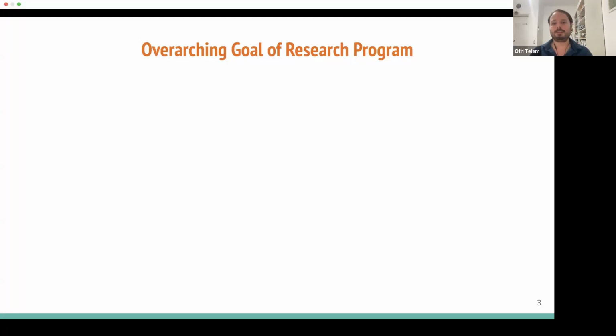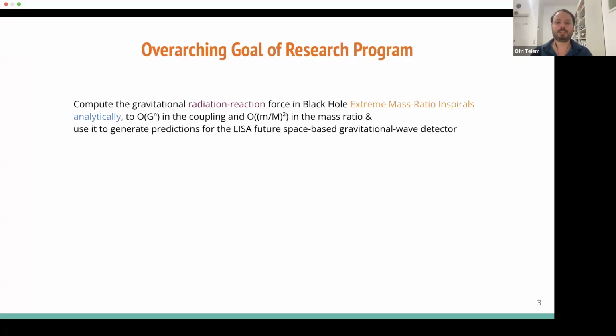The overarching goal of my research program for the past few years was to see if we can compute the gravitational radiation reaction force on the little black hole diving into the supermassive black hole, analytically to some desired order in G Newton, the coupling, and eventually to second order in the mass ratio as well. And then use it to generate predictions for LISA, the future space-based gravitational wave detector.